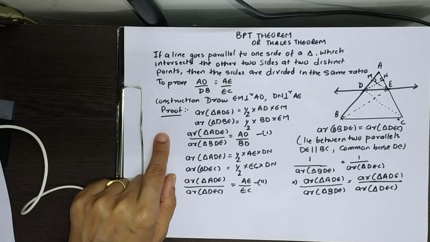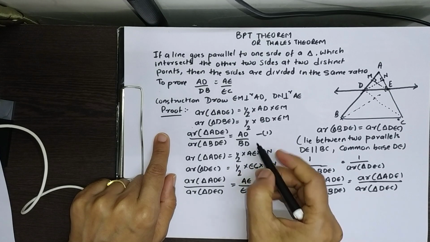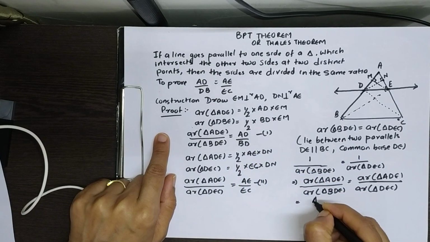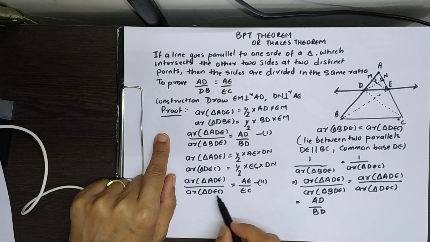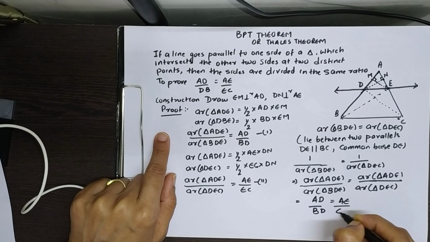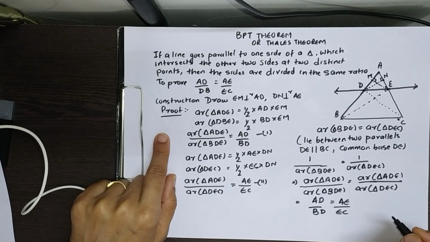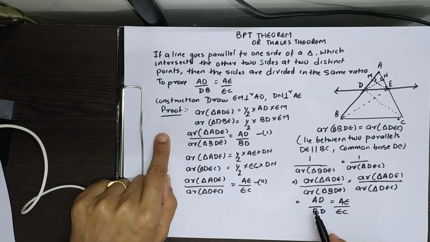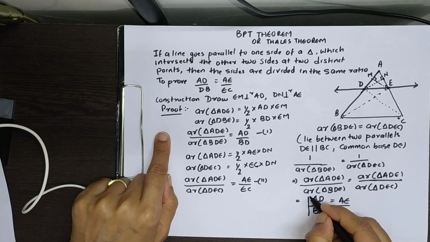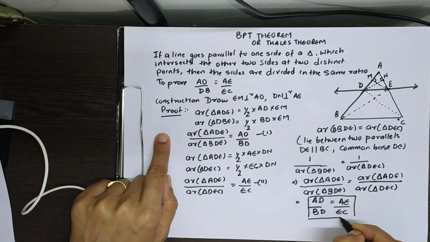So just look, area of triangle ADE upon area of triangle BDE is what? Just look at equation number 1. So instead of this, can I write down AD upon BD, and area of triangle ADE upon area of triangle DEC is what? AE upon EC. So we have come to the conclusion and we have proved this BPT theorem, which states that the sides are divided in the same ratio. So we have this theorem, AD upon BD is equal to AE upon EC.